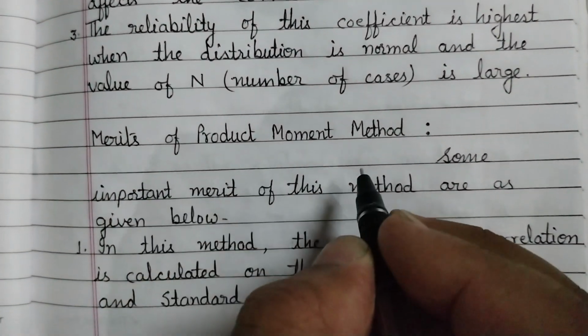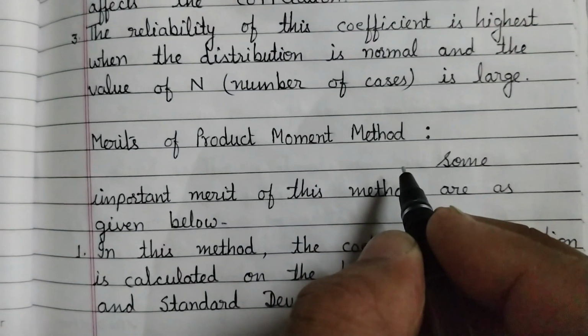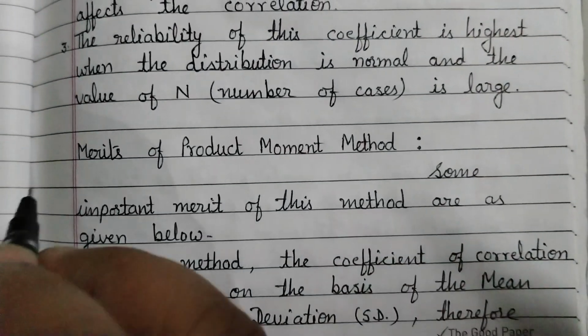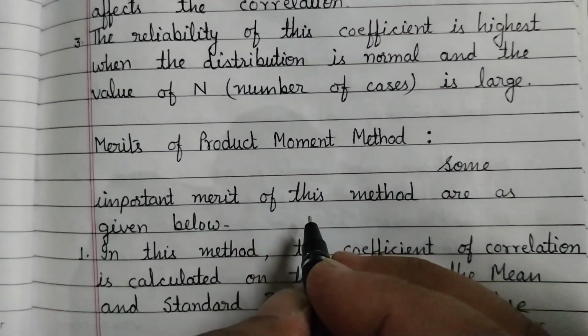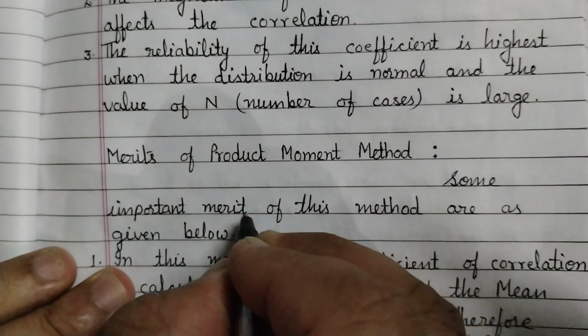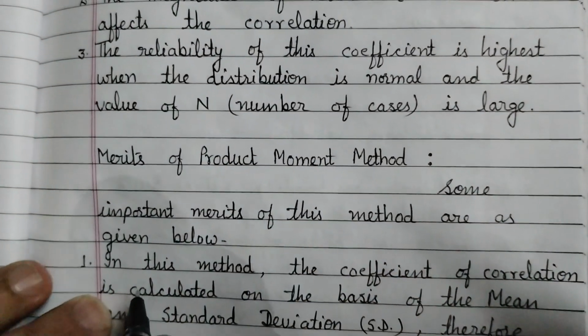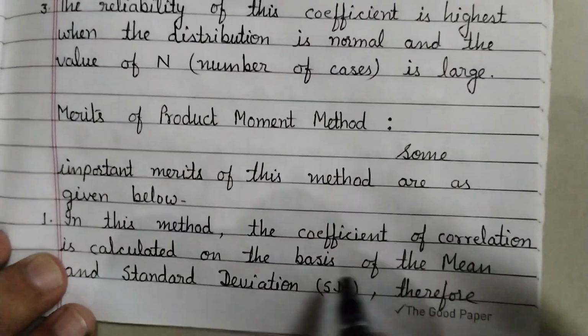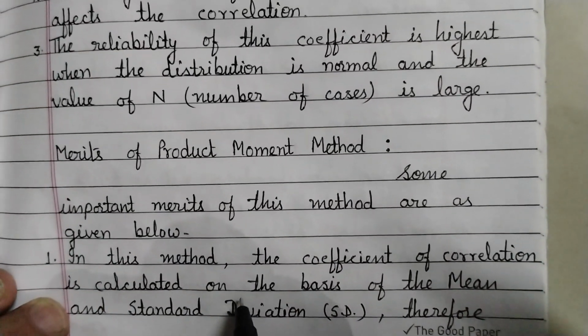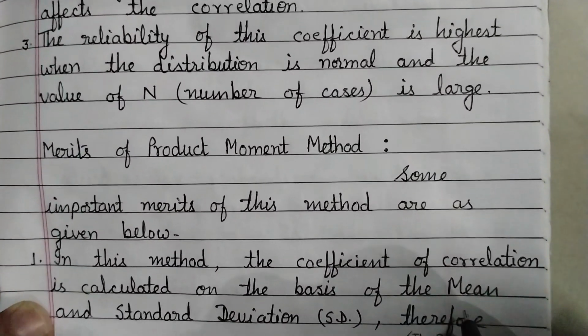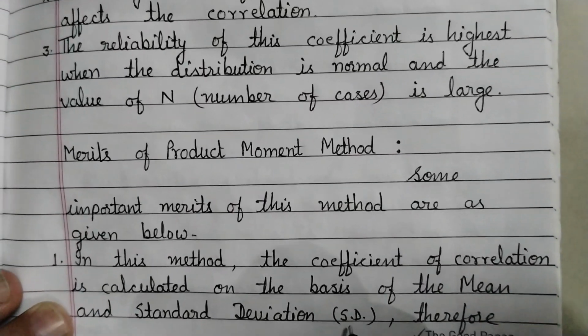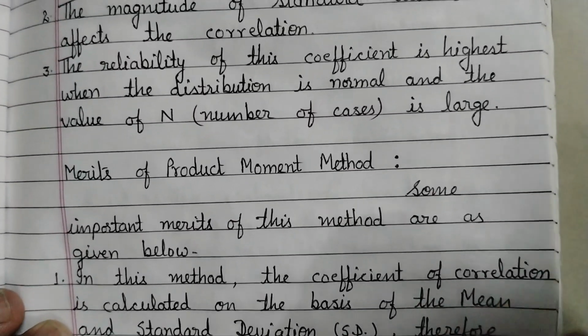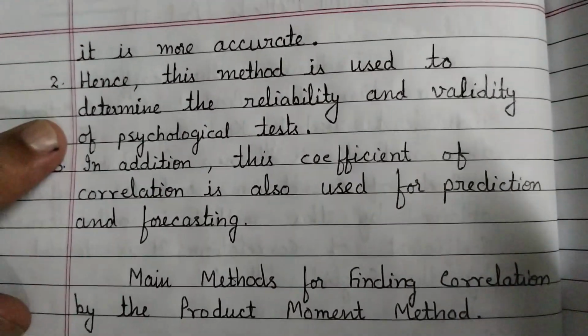Merits of product moment method. What are the merits? Some important merits of this method are as given below. First merit is this method of coefficient of correlation is calculated on the basis of the mean and standard deviation, SD. Therefore, it is more accurate.